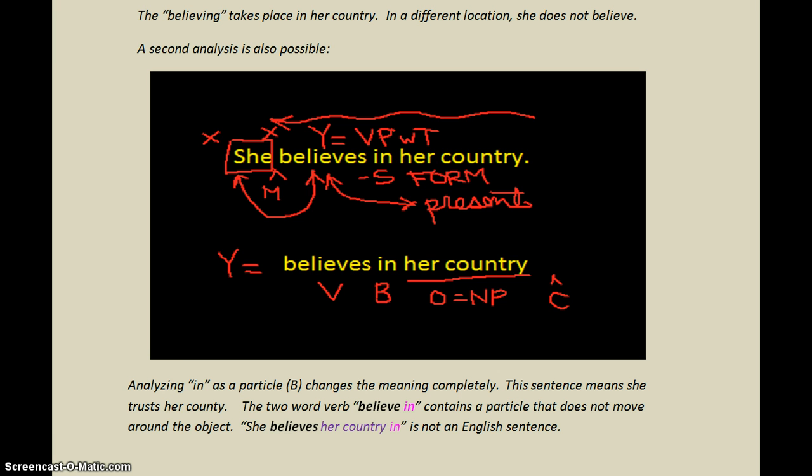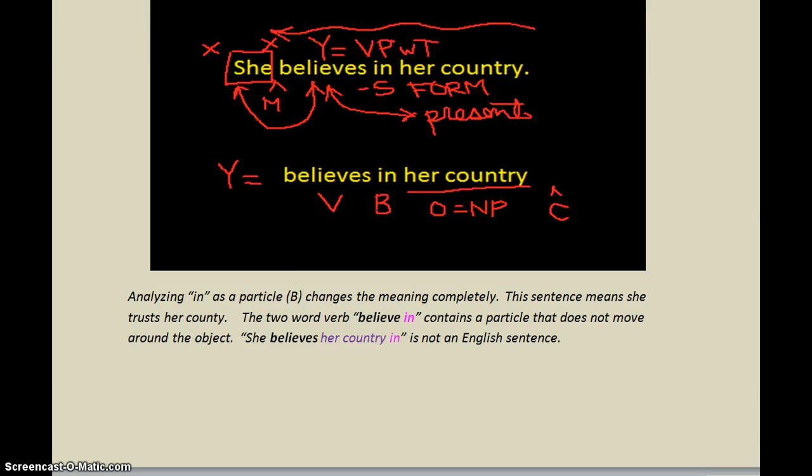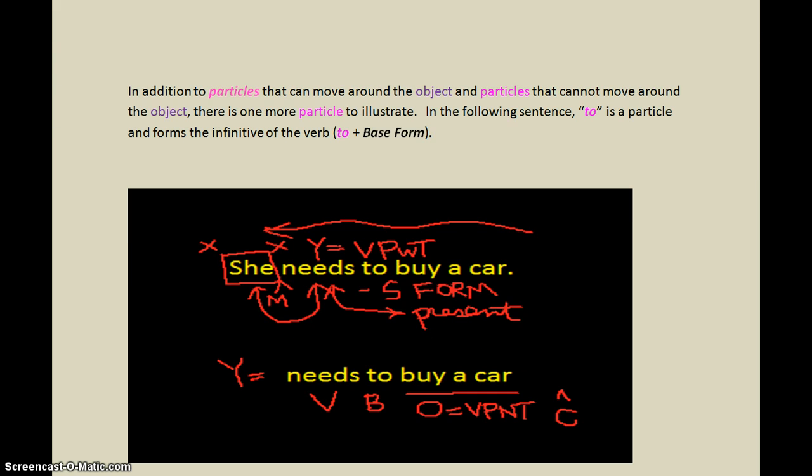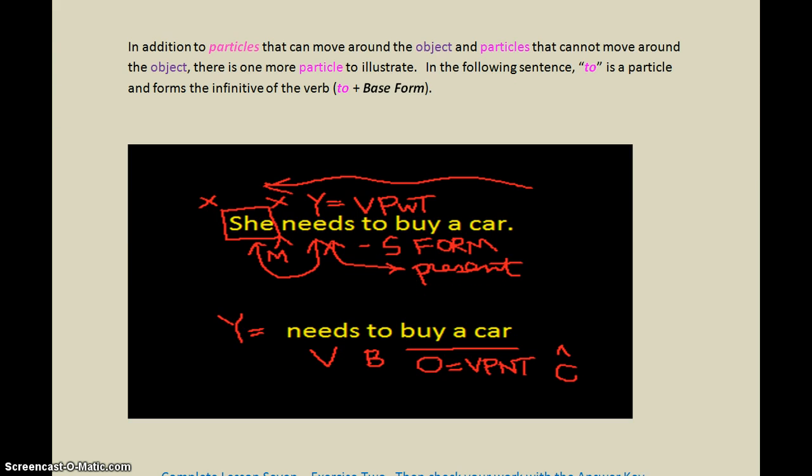Now, we have one more particle to talk about. This will go quick. Besides the particles that can move around objects and particles that don't move around objects, we also have a particle to. And when we put the particle to together with a base form, we create what's called the infinitive. Let's take a look.